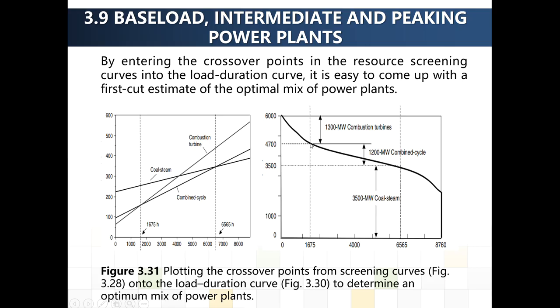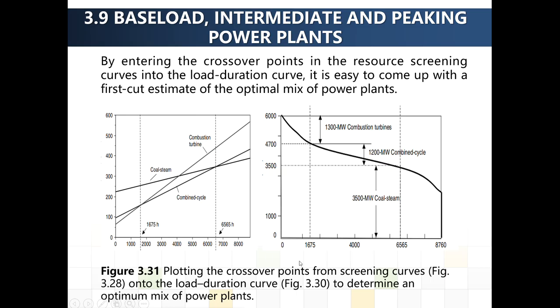So this means that we need, the difference between these two is 1300 megawatt. So we need 1300 megawatt combustion turbine power plant.